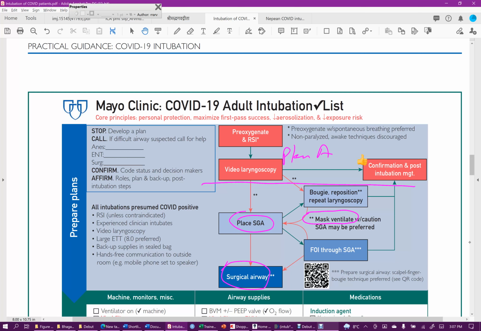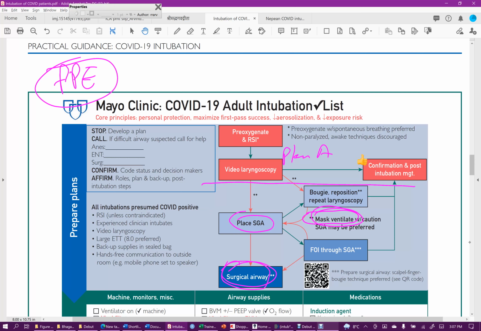But personally, I would prefer to do a mask ventilation rather than a surgical airway, because if you think about it, if we are donning full PPE, then even if there is aerosolization, we are likely to be protected.